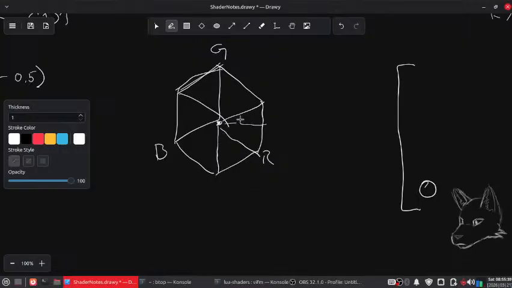And this is by definition, alright. And from the side, red is over here.